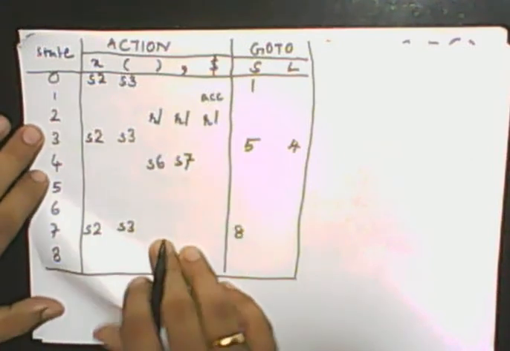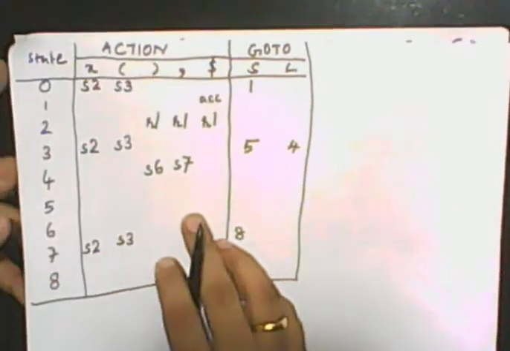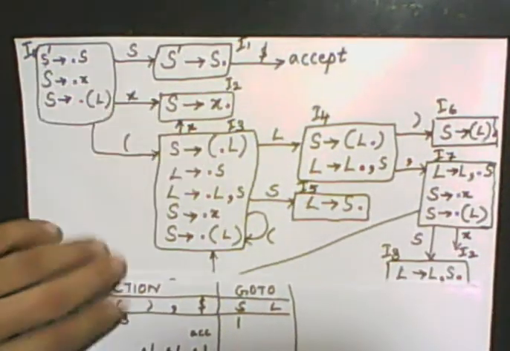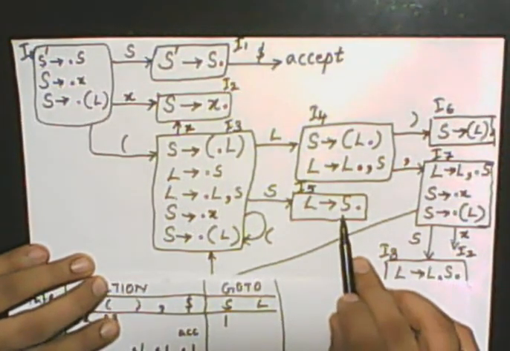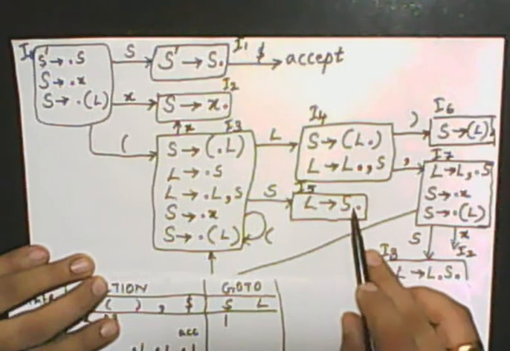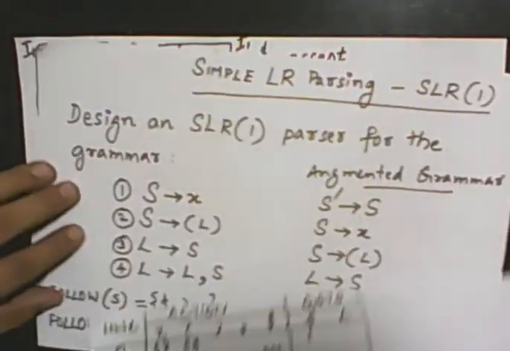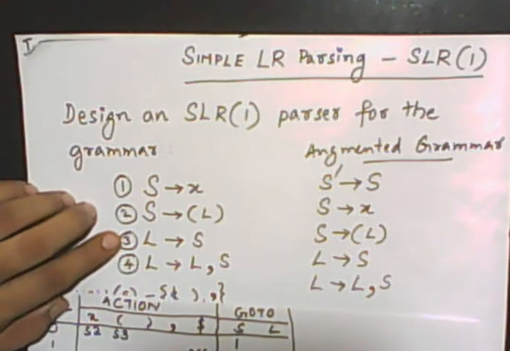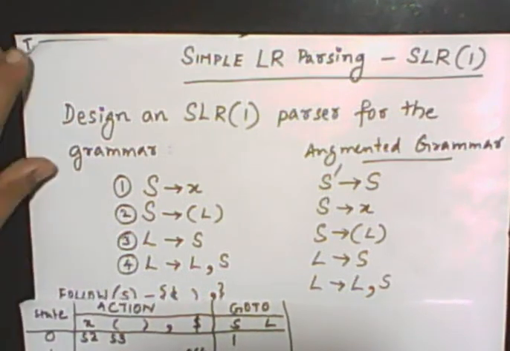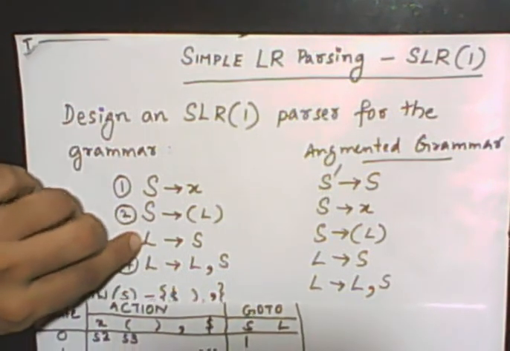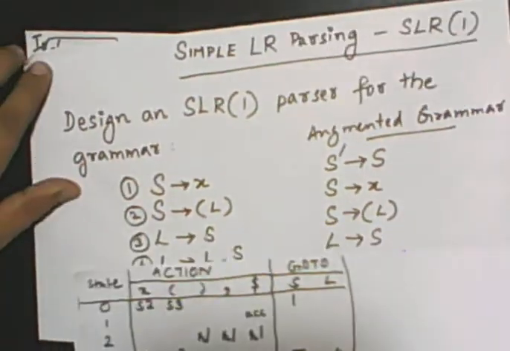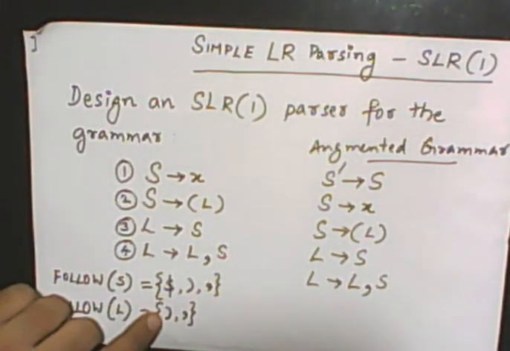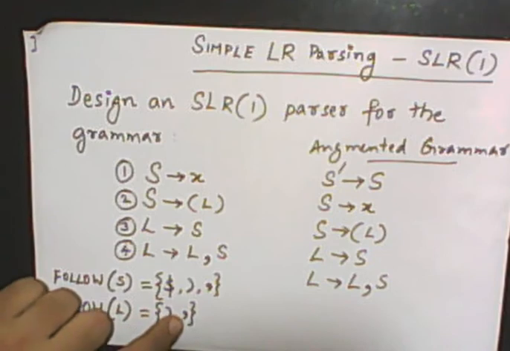Okay, so now the next one is I5. In I5 you have L gives S. L gives S is production number 3. So R3 needs to be put on all follow of L. That is, follow of L is right parenthesis and comma.